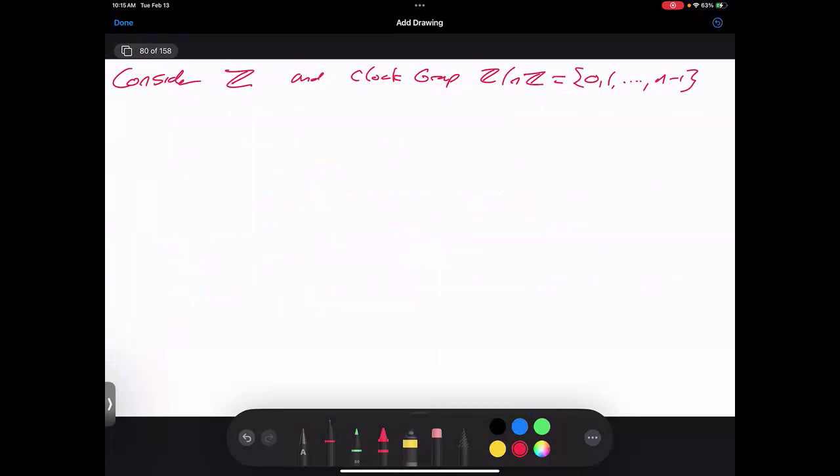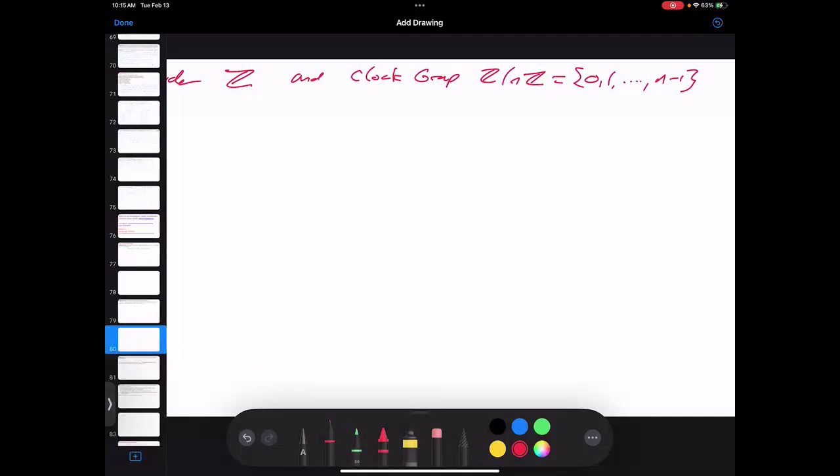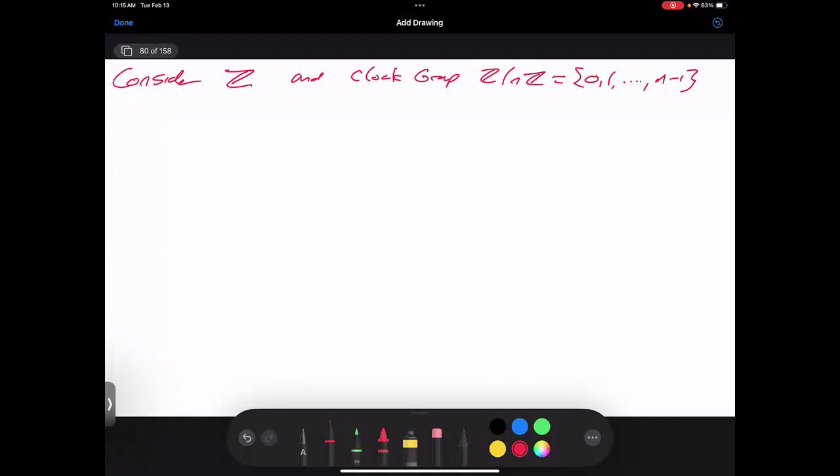We've seen that there is a group homomorphism from the integers to the clock group. But what about the other direction? Is there going to be a group homomorphism from the clock group to the integers? Do you think you can go in the other direction?